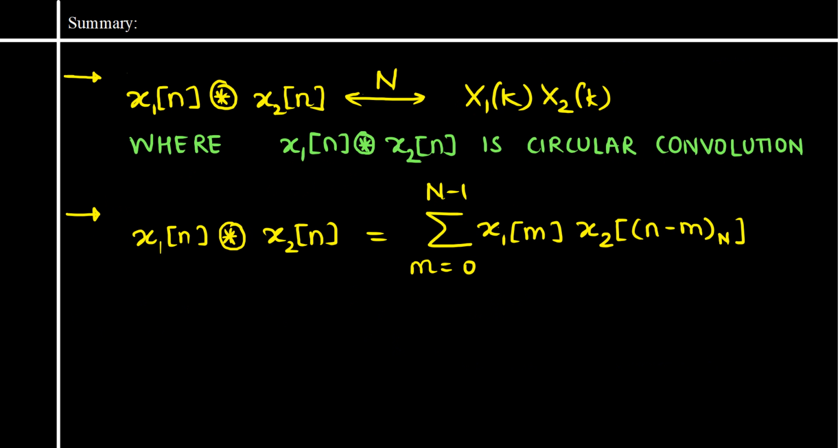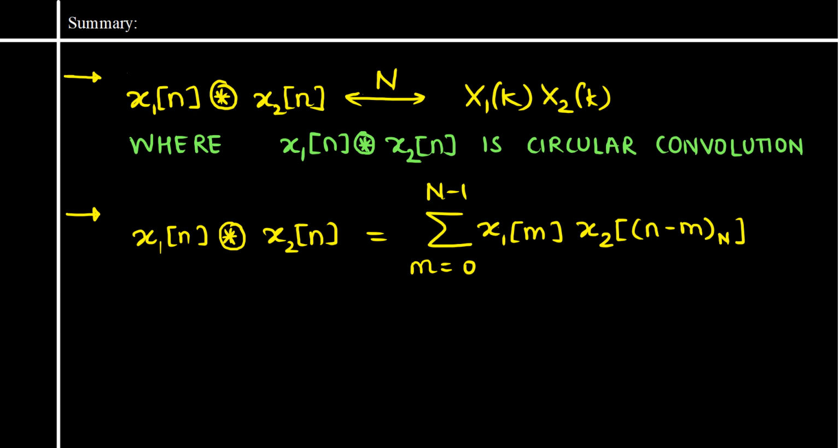So in this lecture, we have introduced the concept of circular convolution, and we saw that when we have multiplication in frequency domain, that is x1 of k into x2 of k, at that time we are having circular convolution in the time domain, that is x1 of n circularly convolved with x2 of n, and the expression for this circular convolution is given as summation m equal to 0 to n minus 1 x1 of m into x2 of n minus m mod n.